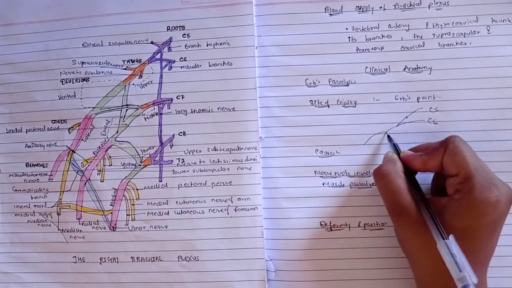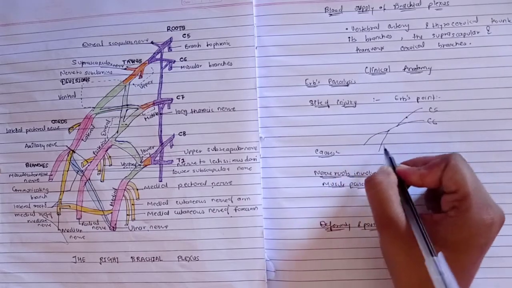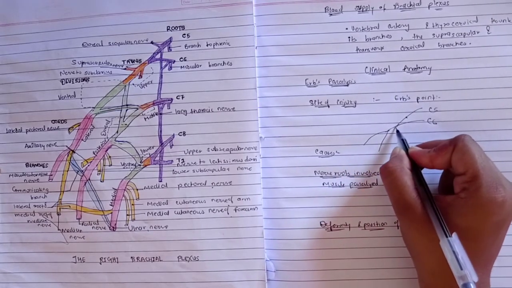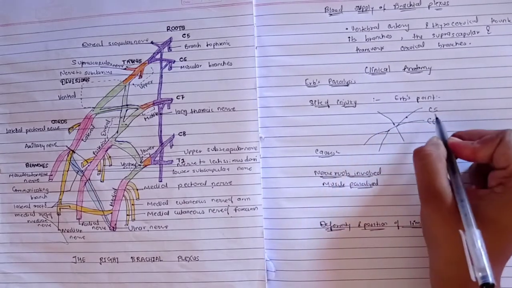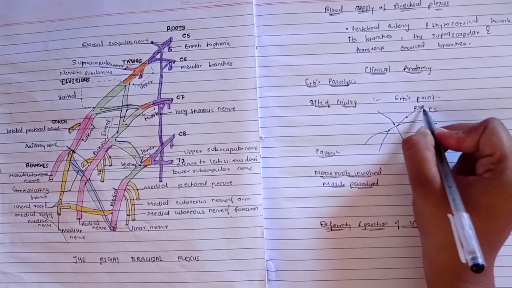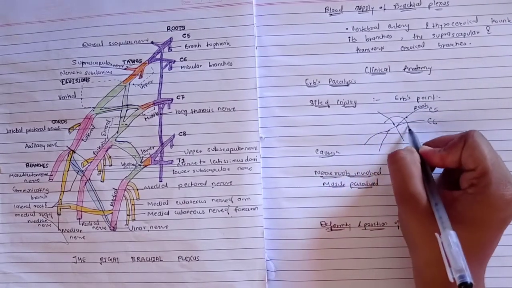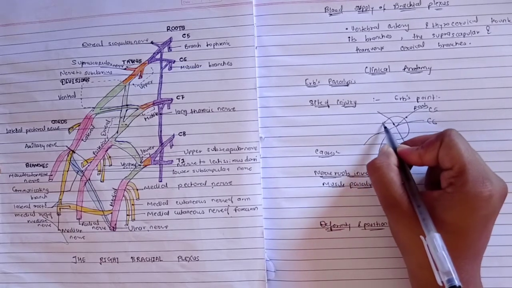Then it divides into anterior and posterior division, and it has the branches nerve to subclavius and suprascapular. These are C5 and C6 roots, part of the upper trunk.